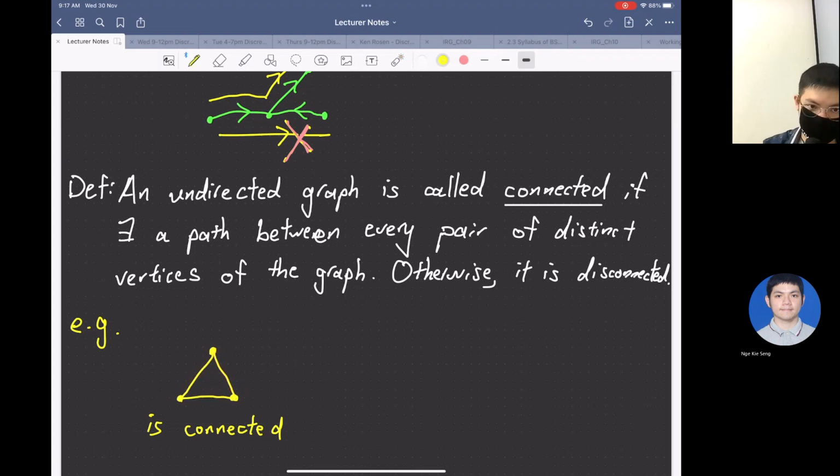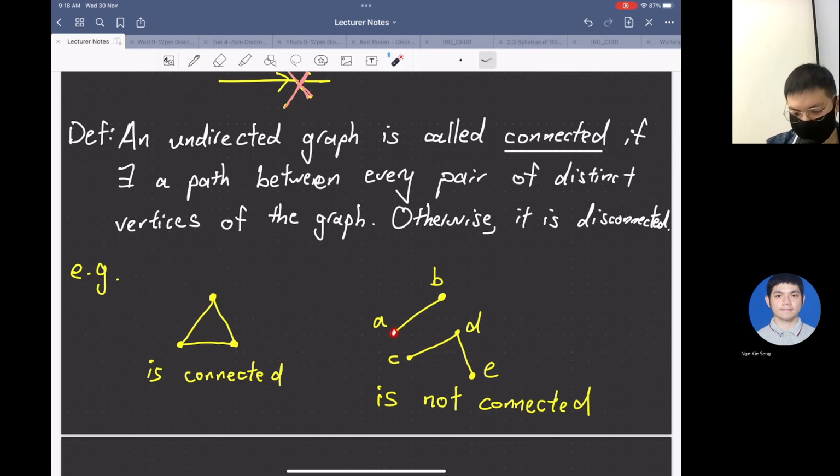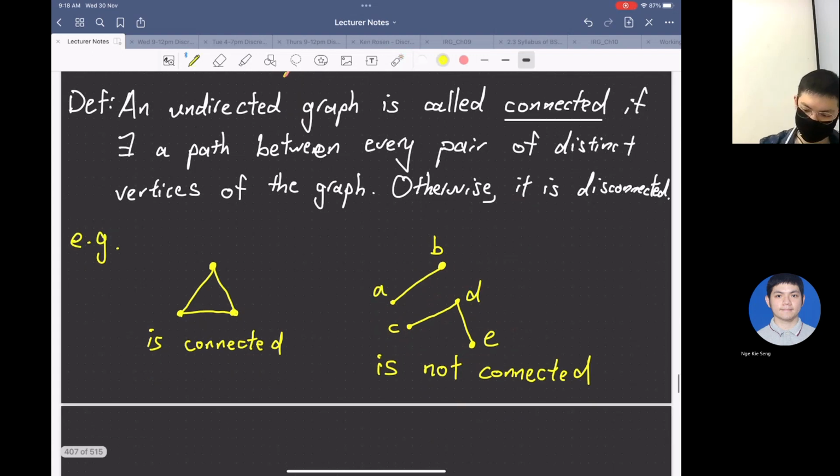But something like this is not connected, because you cannot reach these 2 points here. For example, let me call it A. You cannot go from A to C, you cannot go from A to B, and similarly for B. So these are disconnected.